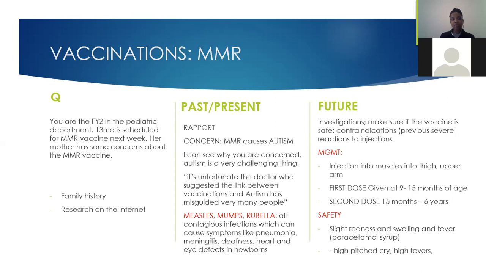Why people may think there is a link is because autism symptoms usually start appearing around the age of 13 months, around the time when the MMR vaccination is administered. So that's where people made this unfortunate link.